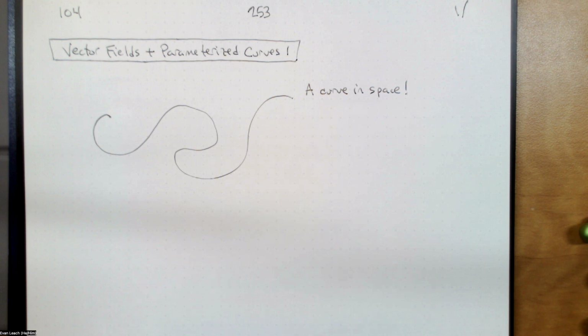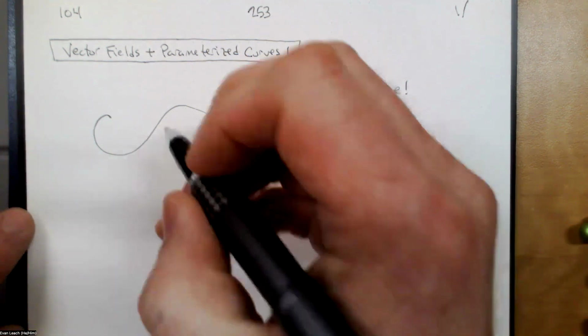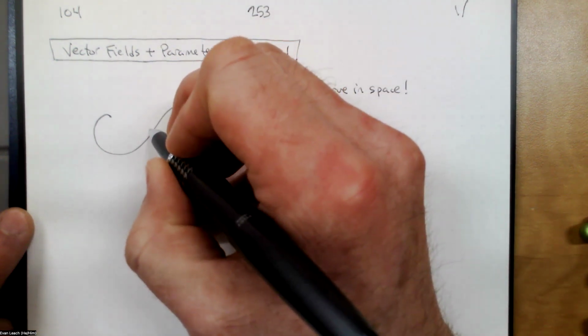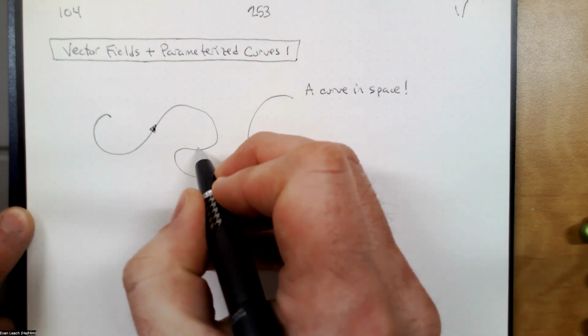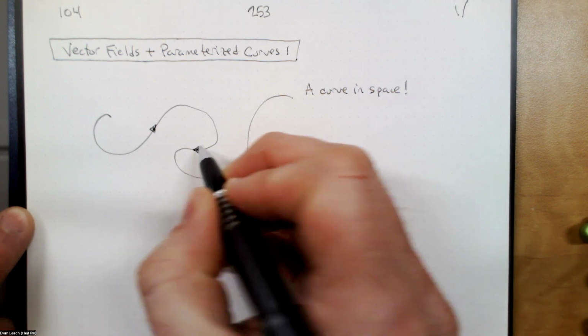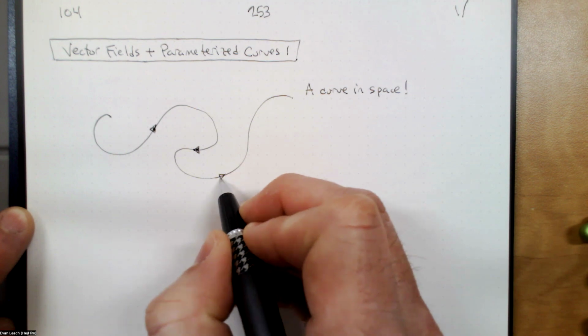Oh yeah, we should have an orientation on this curve. One of the things that we saw about parameterized curves is that when we parameterize a curve, we assign some kind of direction on it. So there's some direction. We're going generally from left to right, although at this point the curve turns back, but then goes this way.